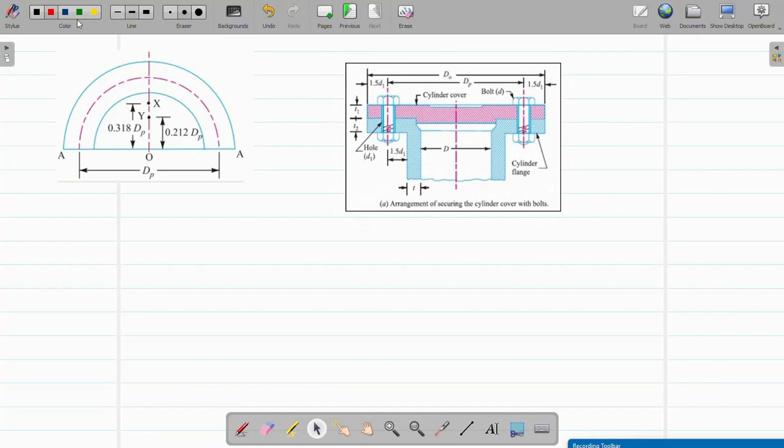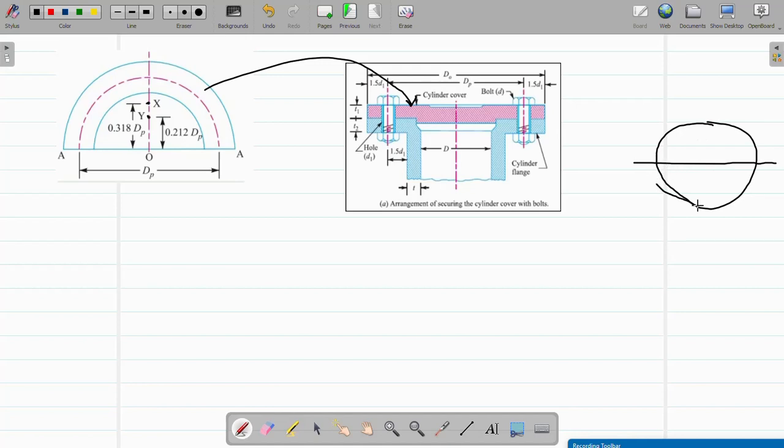From the top view, this is the top view of the cylinder cover. So we have 2 different points. The X is called, okay, so we have to cut this curve. The cover plate is actually circular. We have to cut it into half. Why have we cut it into half?